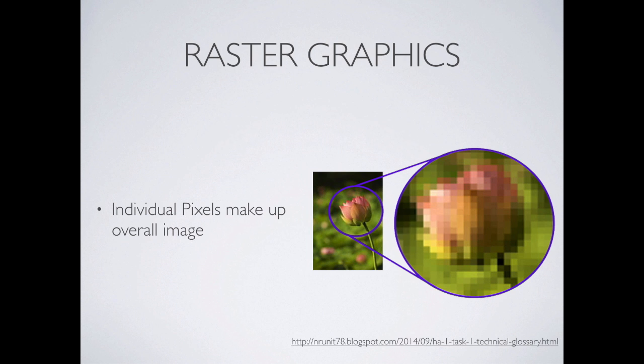So let's talk first about raster graphics. And raster graphics are very much photo-like graphics. And essentially what happens with a raster graphic is the raster graphic itself is made up of individual little dots that are colored. They have a specific color value, and when you zoom out far enough, you're going to see an overall image.